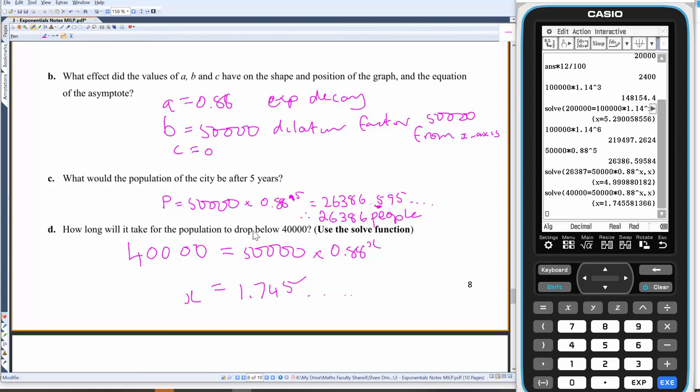How long will it take? I think we're going to leave this as our most exact value here and say that it's going to be this amount of time, so this many years, because why would I not round this one? Because people, when they decide to leave a town, don't wait until December the 31st, New Year's Eve. Woohoo! Let's leave right now.